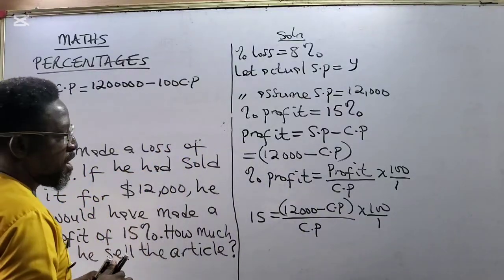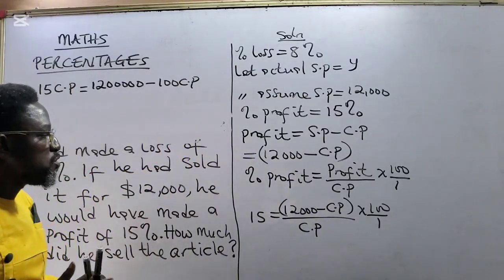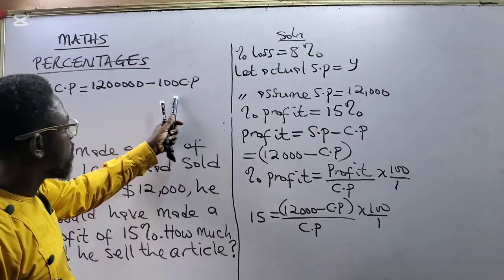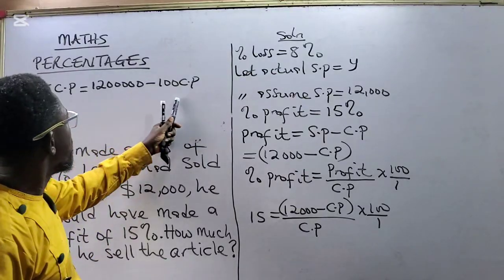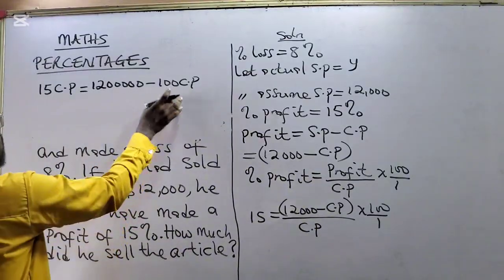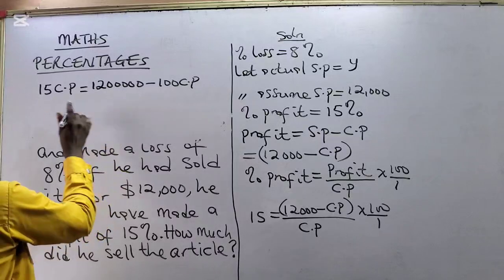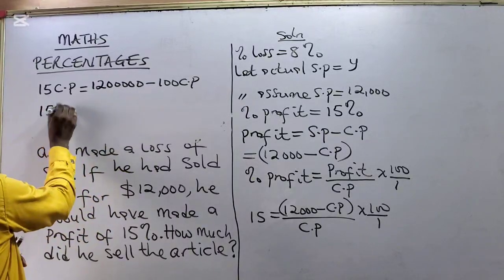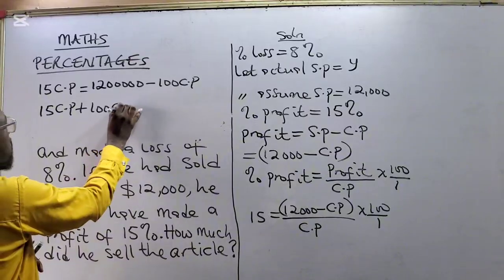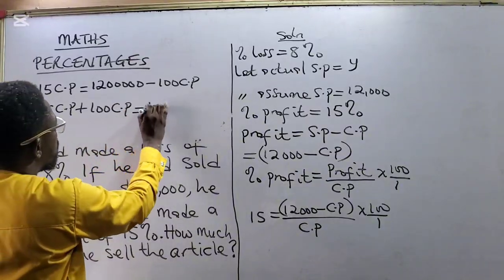Now I'll collect the like terms and transfer the minus 100 CP across the equality. If minus 100 crosses the equality, it becomes plus 100. So I'll get 15 CP plus 100 CP equals 12 followed by five zeros.